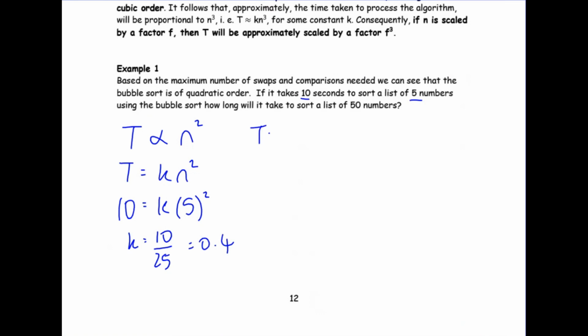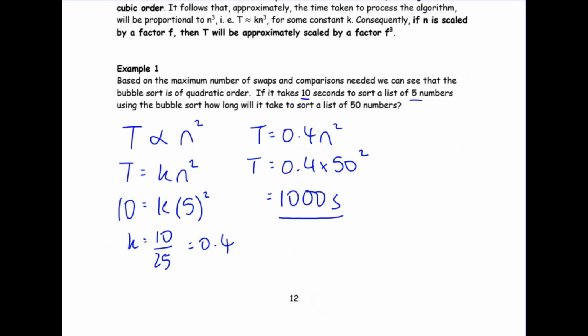We can use this then to work out how long it'll take to do a bigger list of numbers or any other list of numbers by sticking in n is whatever. So this is asking us how long it will take to sort a list of 50 numbers. Well, I'm doing T is 0.4 times 50 squared, which will give you 1,000 seconds.